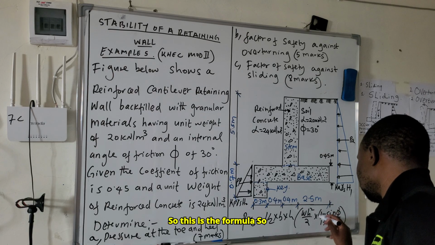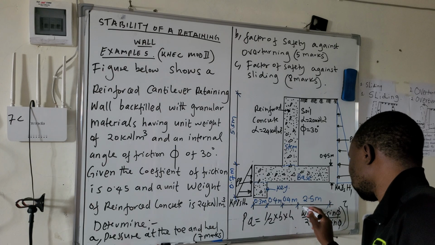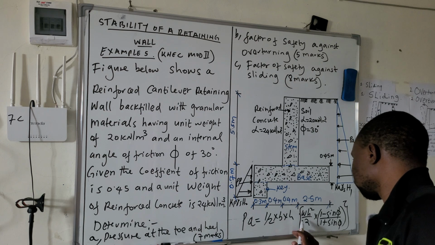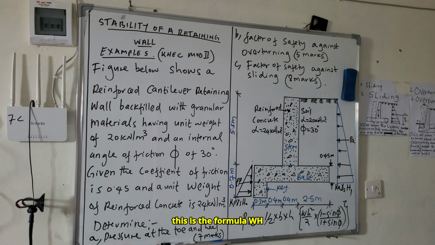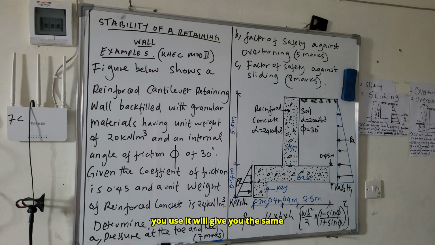So this is the formula: W H squared over 2 times (1 minus sine phi) over (1 plus sine phi), or a half base times height. Whichever you use, it will give you the same answer.